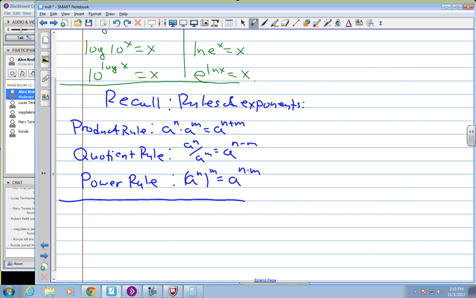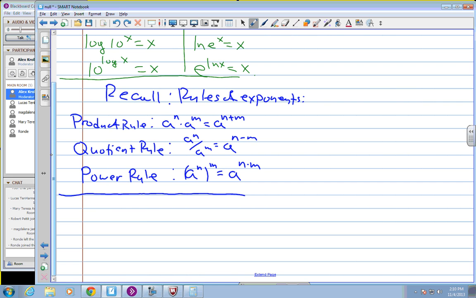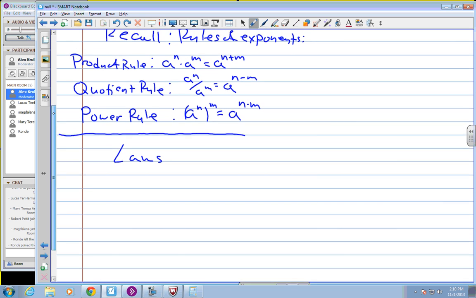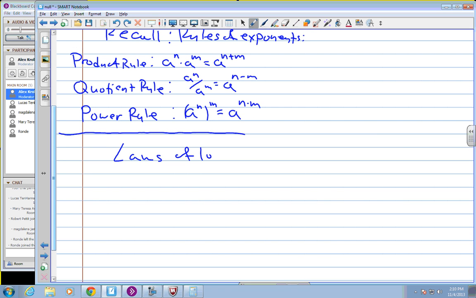Well, the logarithms have very similar properties. So we have a product rule.